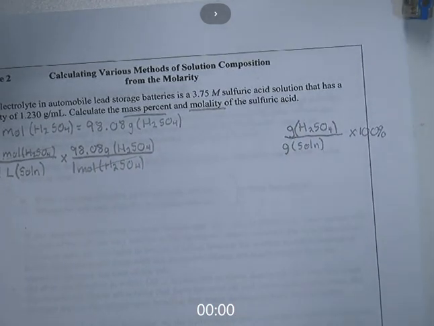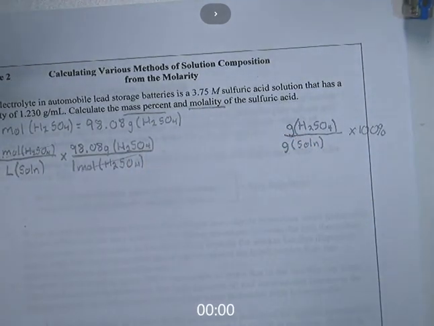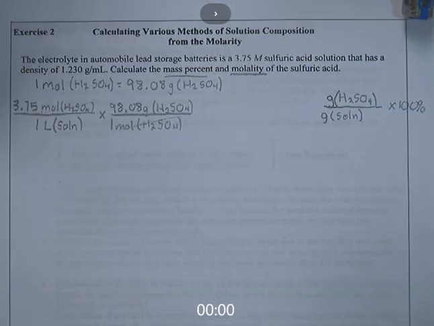Now we need to get grams of solution on the bottom. Okay, so now we need to somehow come up with grams of solution on the bottom. Now, where in our problem do we see anything that deals with grams of solution? And right up there is the density. It's 1.230 grams of solution for every milliliter of solution.